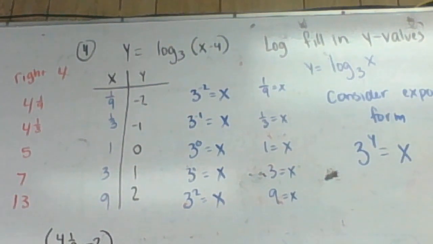Okay, and we've again proven inverse because our inverse table is exactly x and y switched from our original table, and that's the definition of inverse, that x and y are reversed. We did the math and got there.